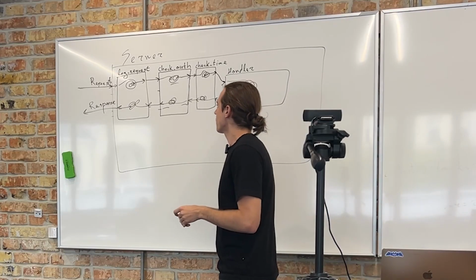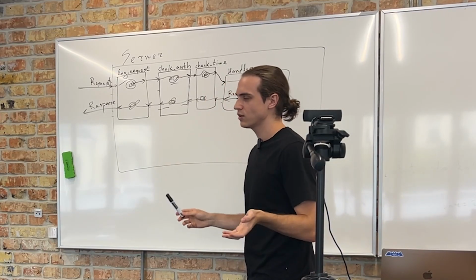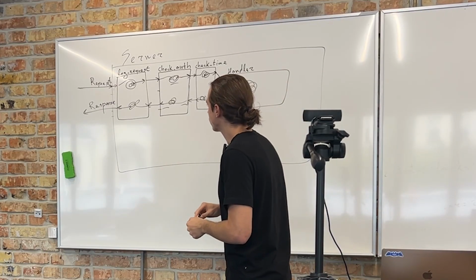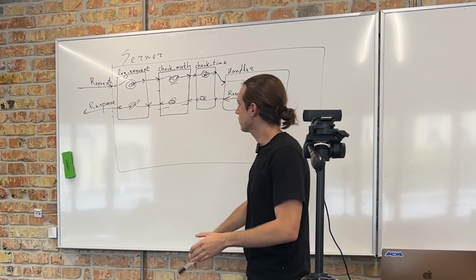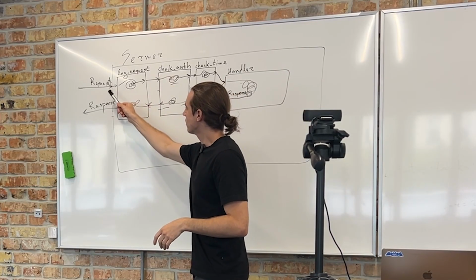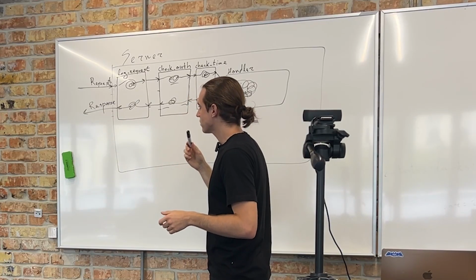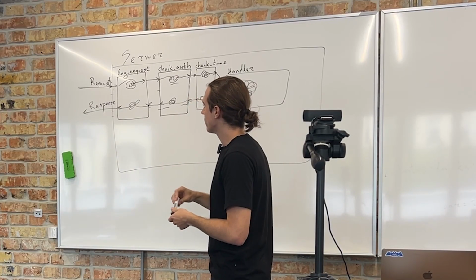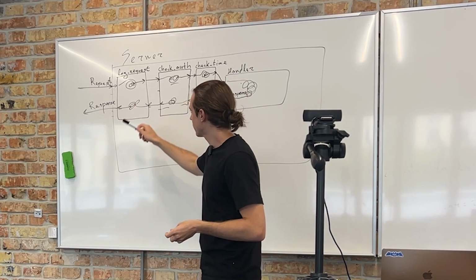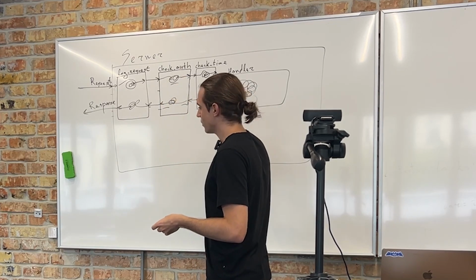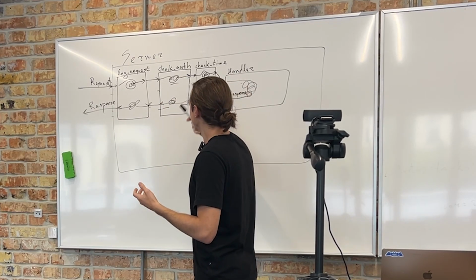For example, 3, 10, 50, I don't know. Doesn't matter. Middleware is just a function. It's a filter that has a request as a parameter, and as a second parameter, it has the next function it needs to perform.